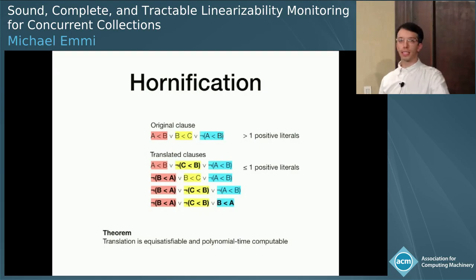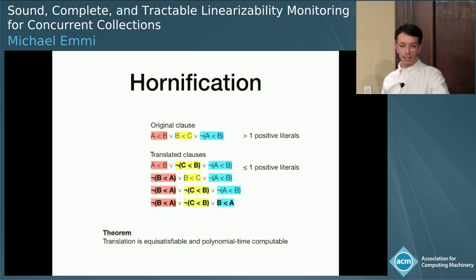We propose a translation here called hornification, which is very specific, and I'll get into how. It's specific to this particular logic, which has only a predicate talking about linearization order. What we do is translate this clause into a set of clauses in which each clause has at most one positive literal, and we do this by exploiting the properties of linearization.